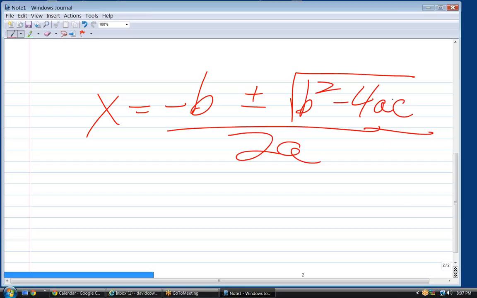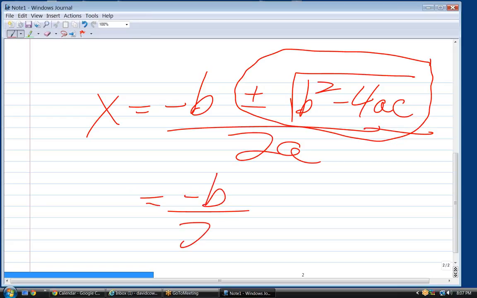Well, if the discriminant is 0, this whole thing disappears. So the solution would be whatever minus b over 2a is, but it's only one number. It's not a plus or minus, so you don't have 2. You only have 1. Okay, because that removes the plus or minus. Exactly, and that's why the discriminant is so important.